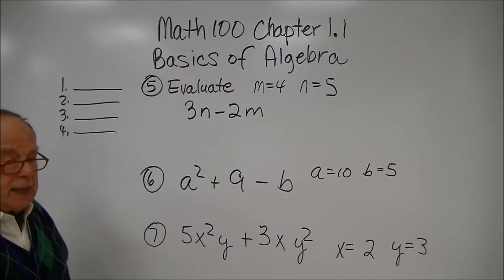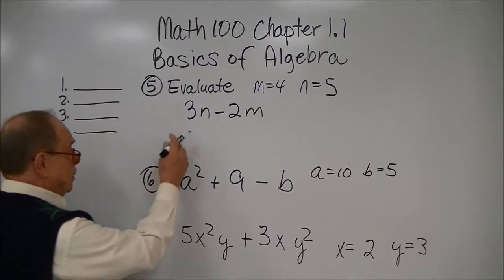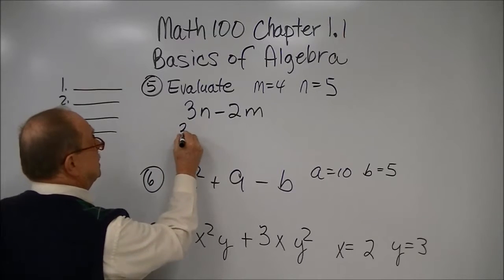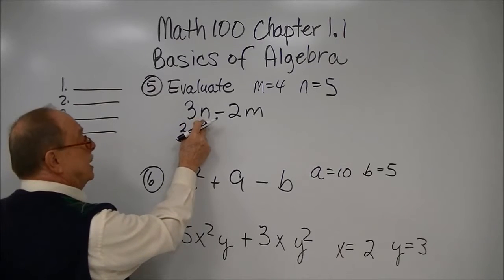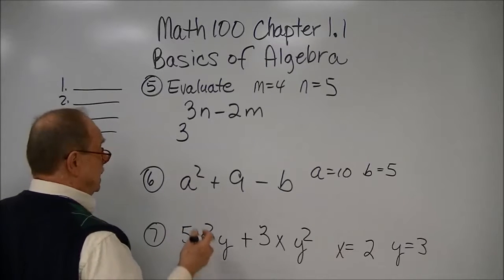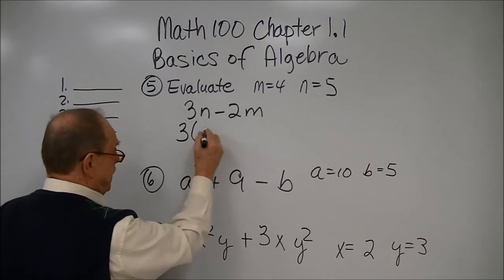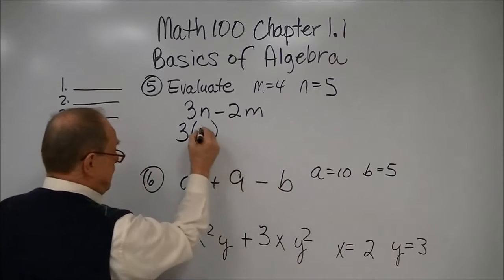There is a technique for this, and that's what I want to show you. The 3 we know is there. Now when there's no sign between a number and a letter, it indicates that you're going to multiply. To indicate that, we could put that in parentheses, that whatever the n is, in this case it's going to be 5.